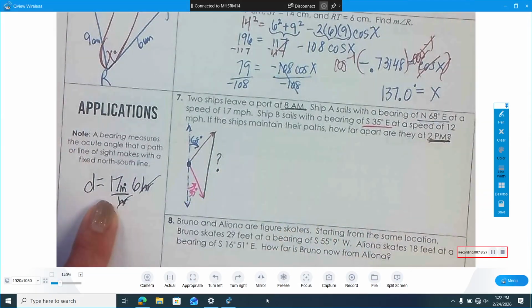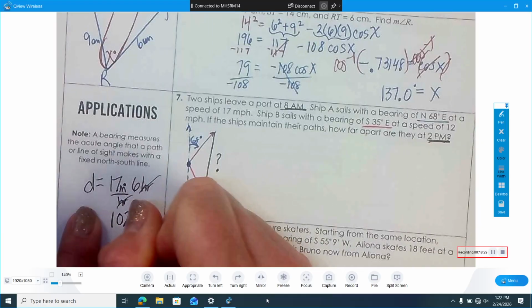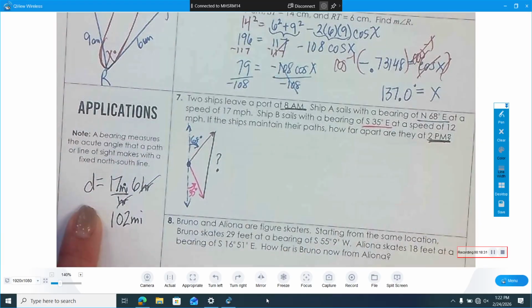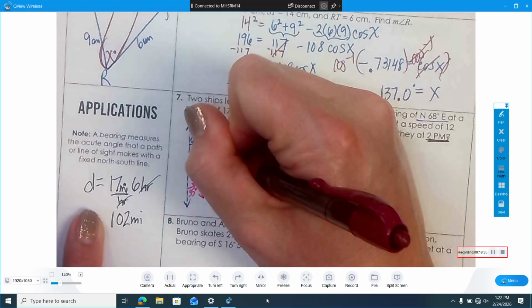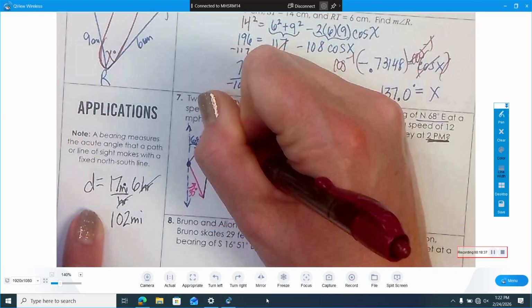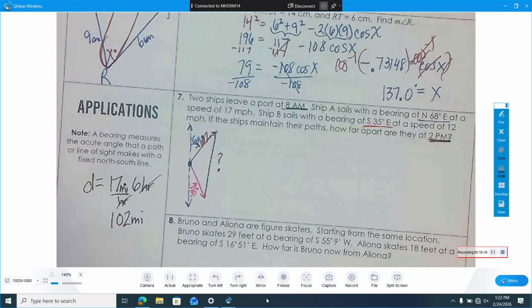The hours units cancel, and we get 102 miles. So ship A traveled a distance of 102 miles.